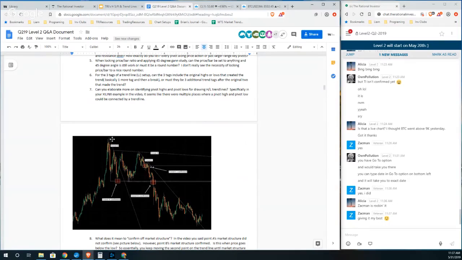The issue here is that, yes, you could draw a trend line off of A to this point way over here. But the problem is that this high is actually higher than that high, if I'm not mistaken. You can see I've sort of drawn a line off of here. I do know that, and I have drawn this trend line.